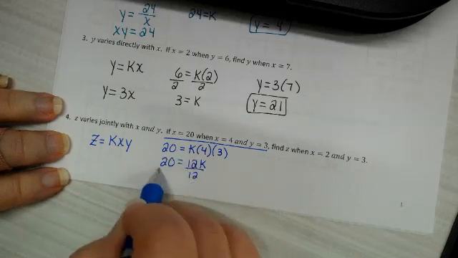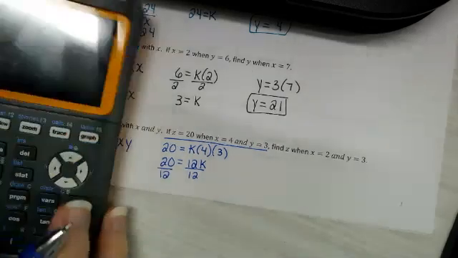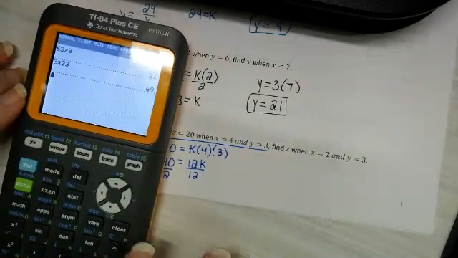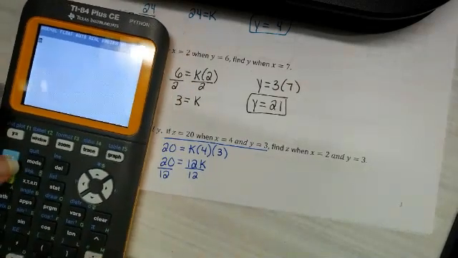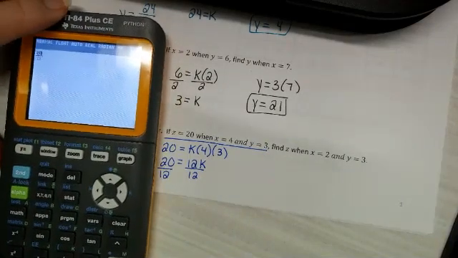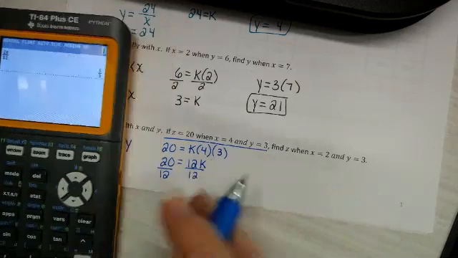So I'll divide both sides by 12, and that's when you can grab your calculator if you don't want to simplify this fraction. And you could say, let's see, I'll do alpha y equals, get my fraction, 20 over 12. And that reduces to 5/3.